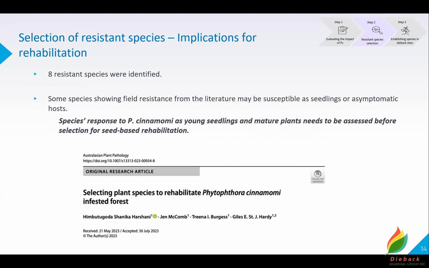So it's really important to evaluate the disease response of plants as young seedlings and when they mature before we use species in dieback rehabilitation projects. I have published the findings of this experiment in the Australasian Plant Pathology Journal. If anyone is interested, you can have a read and learn a little bit more about this.